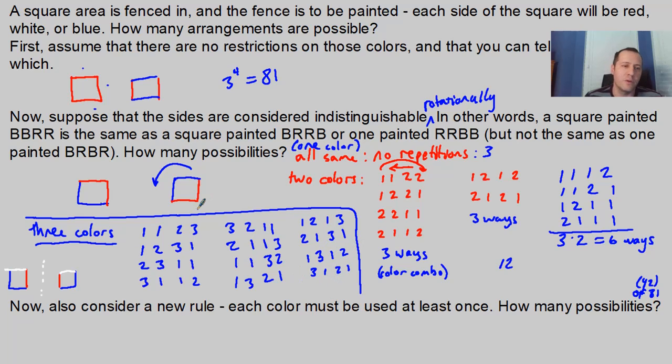In other words, if one of these was white, blue, blue, and then white and red, if you flip that around, then you'll have blue, blue, and then red and white. And it's the same thing rotationally.